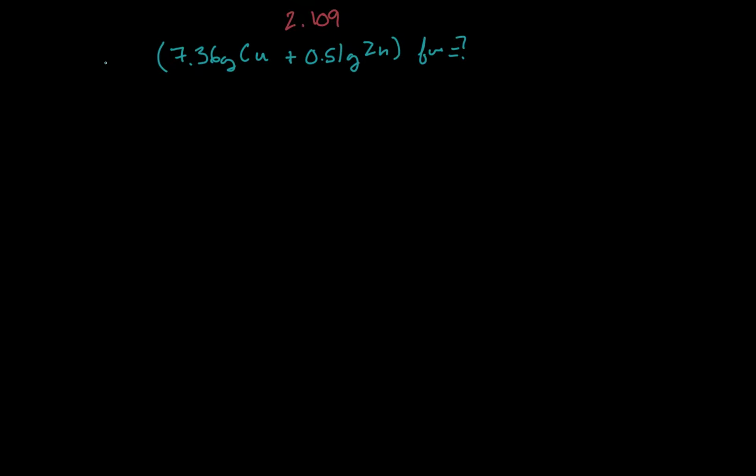Formula weight is always equal to X moles of copper times the formula weight of copper, plus Y moles of zinc times the formula weight of zinc.